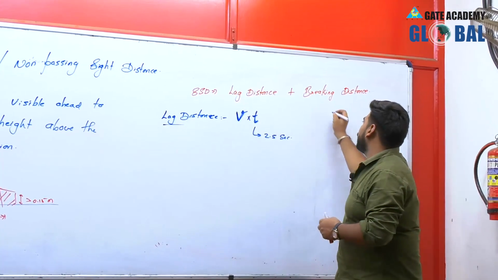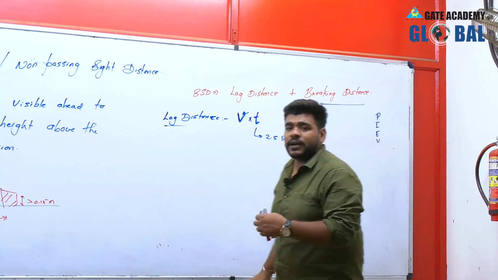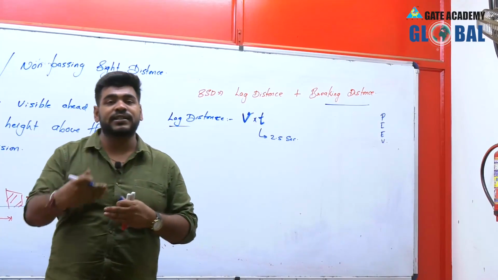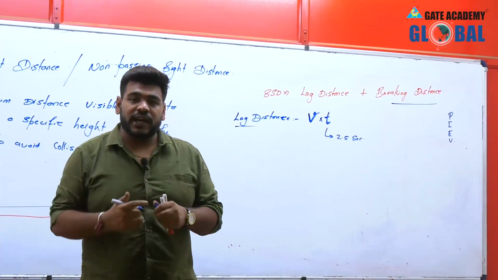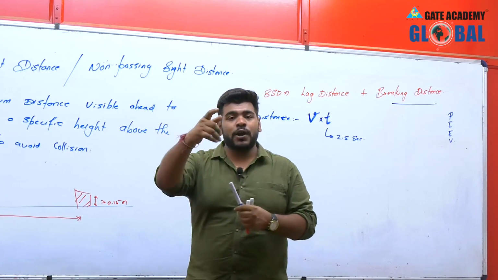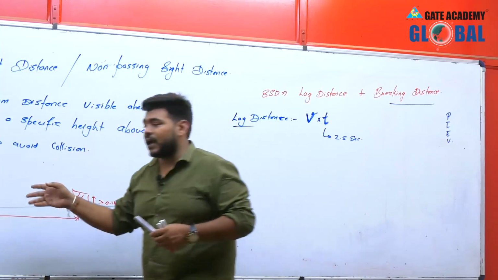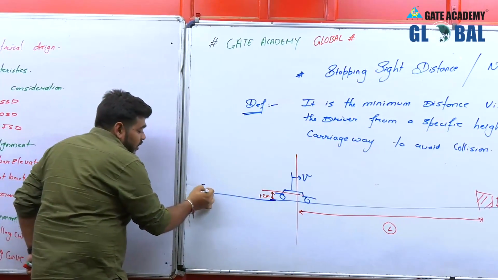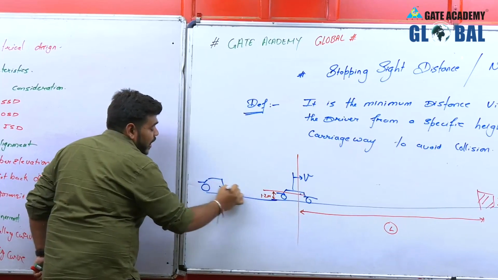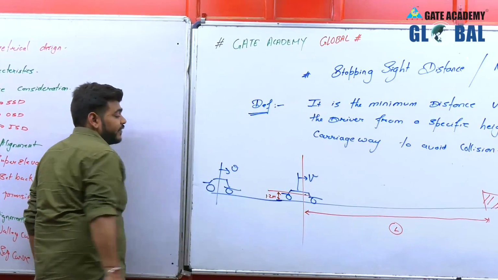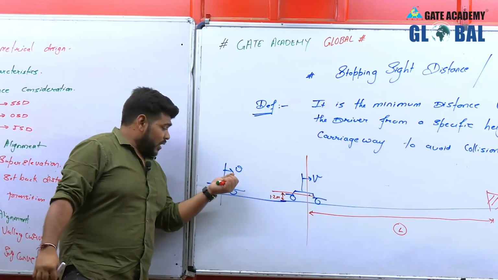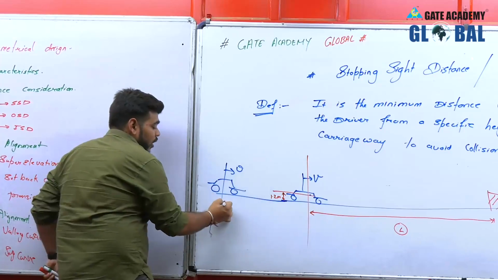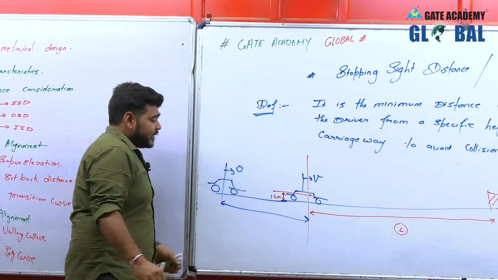Now we are going to discuss what braking distance is. As I told you, the lag distance is the total distance covered by the vehicle in total reaction time. The vehicle is moving with velocity v, and our driver sees an object and applies the brake. There are two positions.